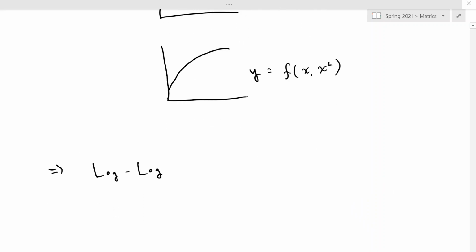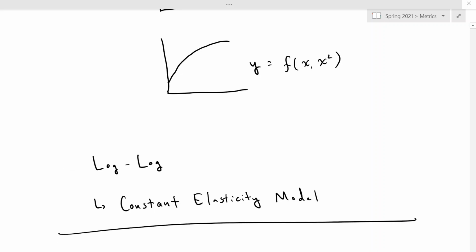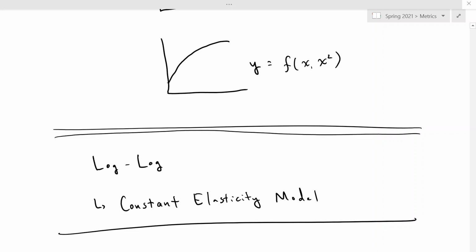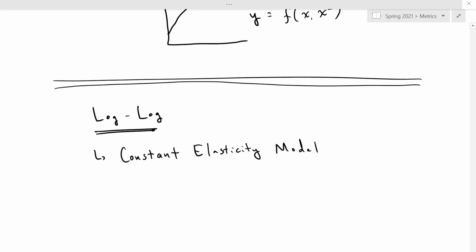The nice thing about the log-log model is that it's going to help if we want to get some elasticity estimates. So this is a constant elasticity model. Okay, and so anyway, that's going to be what we look at for the next video. And like I said, for all of these, we're going to do some examples in Python. But we're going to move on for the last video to log-log. So I'm going to stop this video here and pick it up in the next one.